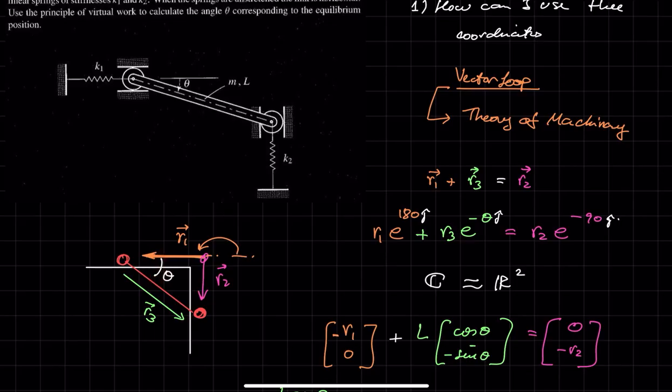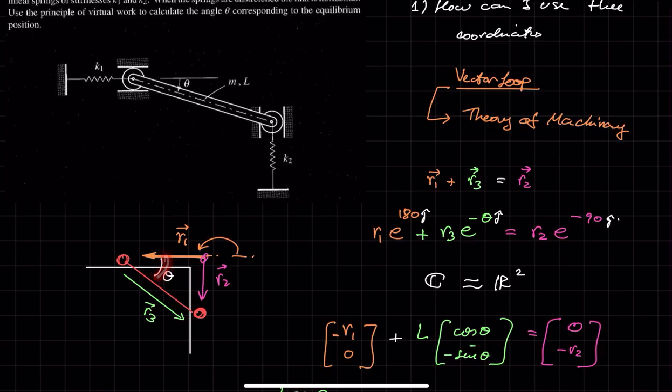Also, it's very useful to take angles from the x-axis of the frame and understand what is happening. In that case, we have theta, and we have to express the whole problem from the equilibrium position in function of theta. So how can we do that?